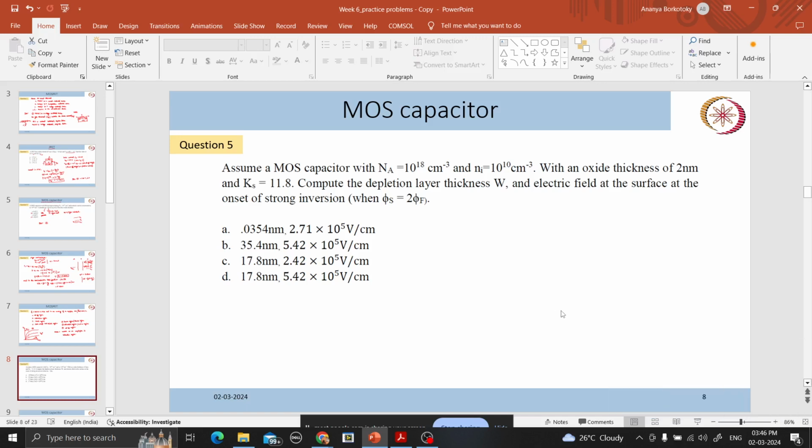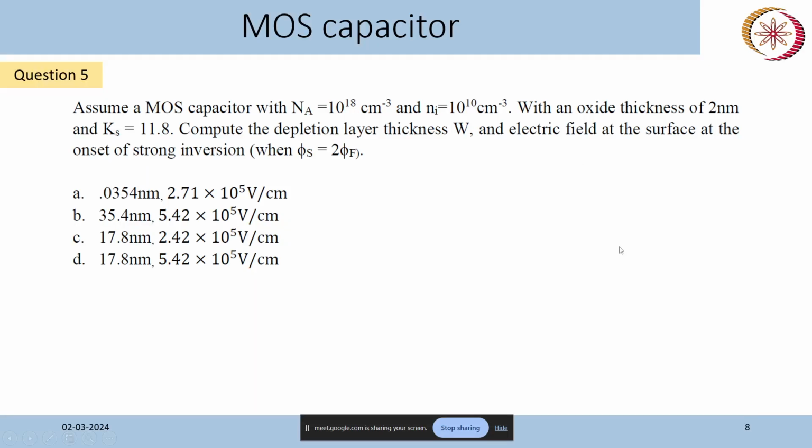Question 5. This is again on a MOS capacitor. Assume a MOS capacitor with Na equal to 10 to the power 18, so it is a p-type substrate, and ni is 10 to the power 10 per centimeter cube, with an oxide thickness of 2 nanometer.